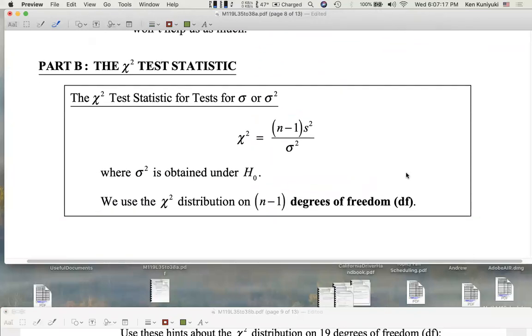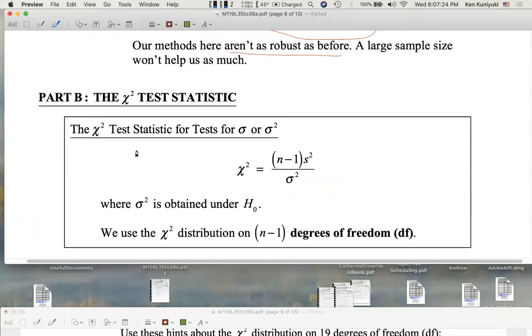Now, we're going to deal now with a chi-square test statistic. And remember, that's why, because this distribution, or these distributions, lacked what property? These distributions are not what? They're not symmetric, or they're asymmetric.